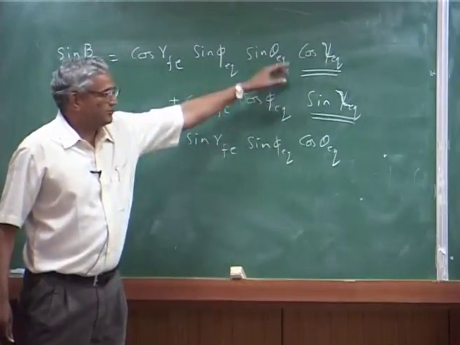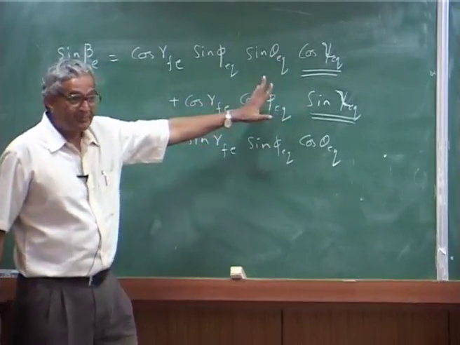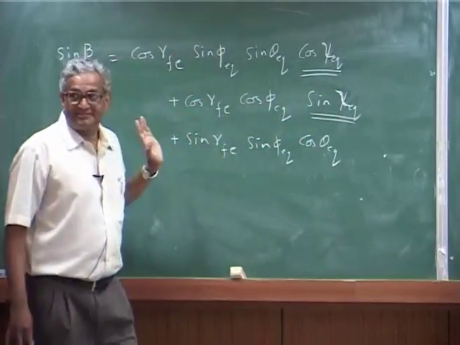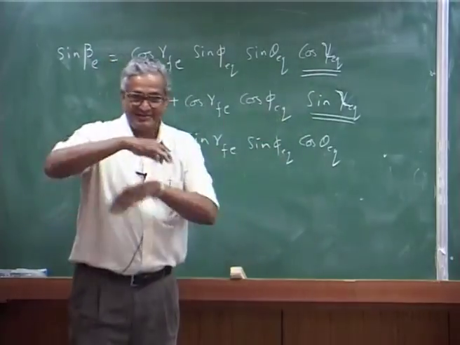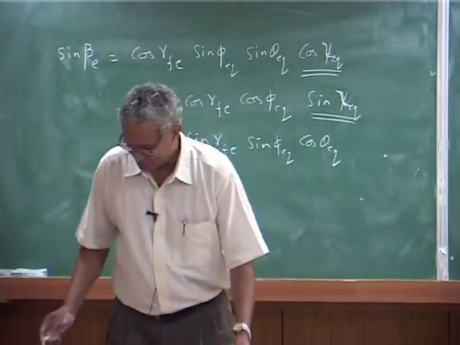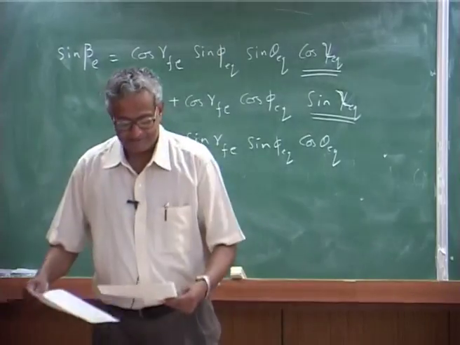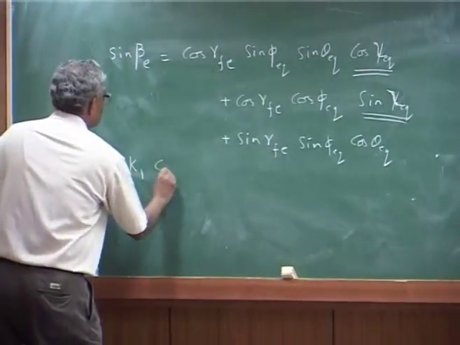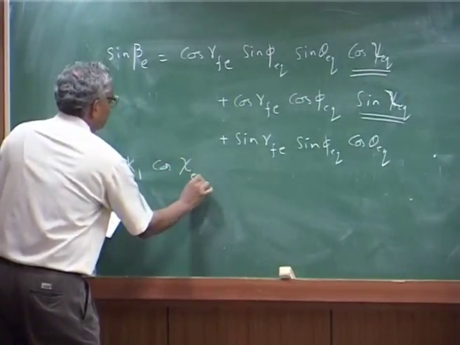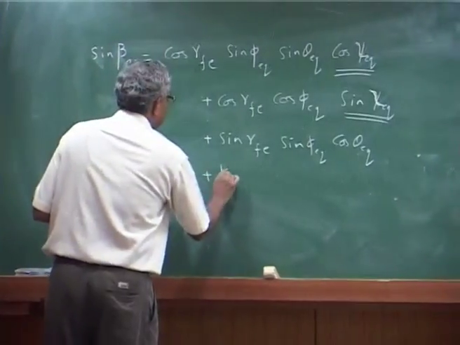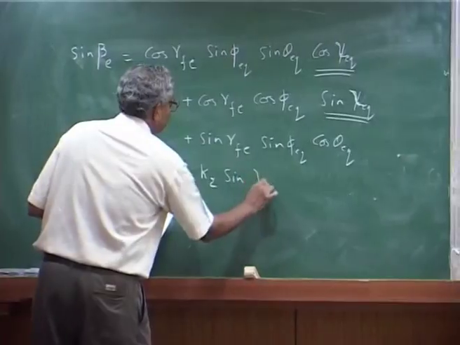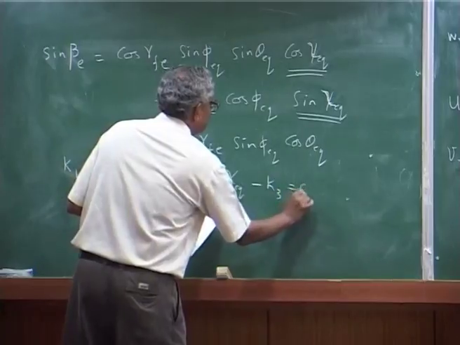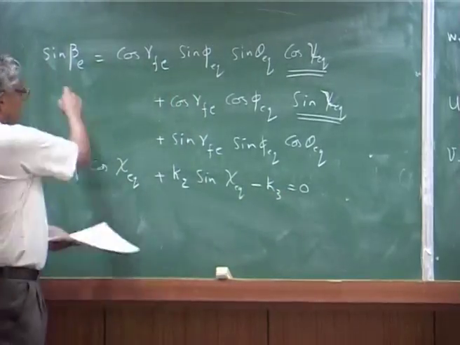I can form a quadratic equation in sine of chi. Okay. Call this K1, K2, K3 and then take this term sin square, cos square, something chi. You solve that quadratic equation. Okay. You can write it as K1 cosine chi equilibrium plus K2 sin chi equilibrium minus K3 equals 0, okay, because you bring this term here.